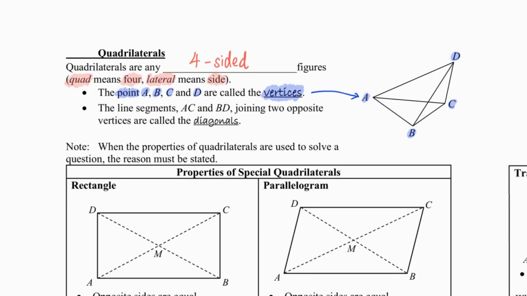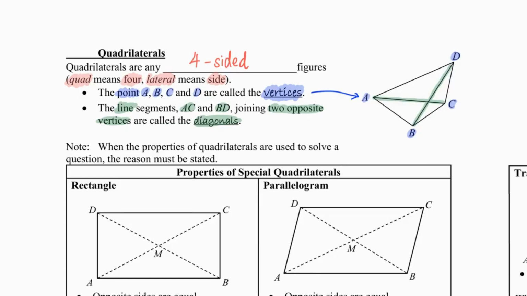And line segments AC and BD join two opposite vertices. This is what we call a diagonal. So we've got some of the terms right.